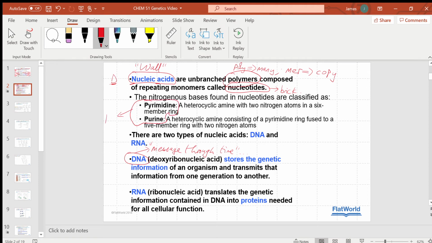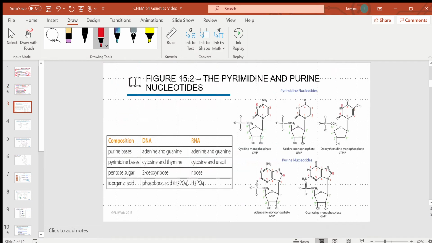So these are bases, and this is how the message through time is transmitted. So the message through time is transmitted via pyrimidine and purine bases. So let's look at what those bases are. They're obviously very important.